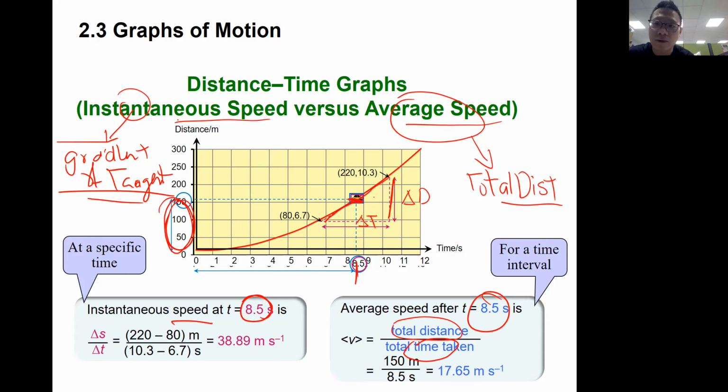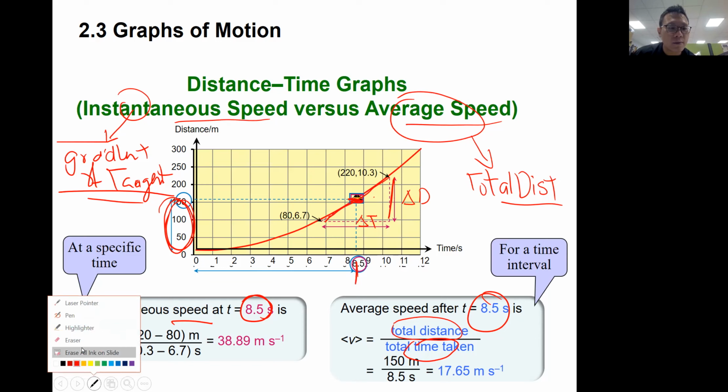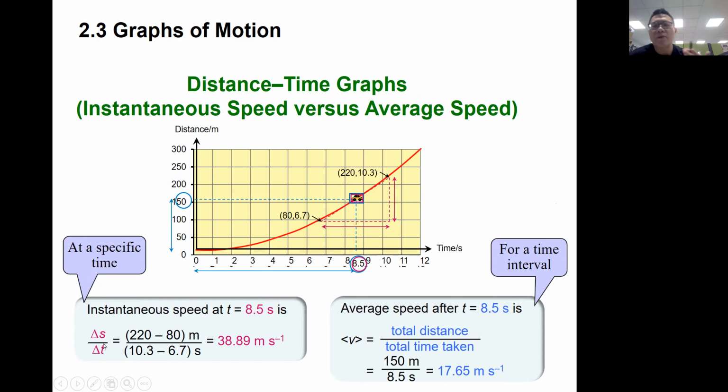Before we go to the speed time graph, just to make sure everybody's on the same page: the baseline when we describe a distance time graph is we always describe the gradient. Normally for average speed, I will wait for the question to prompt me to find it, then I find.